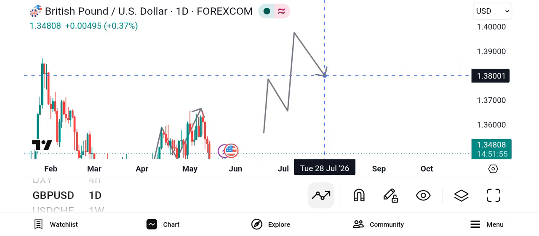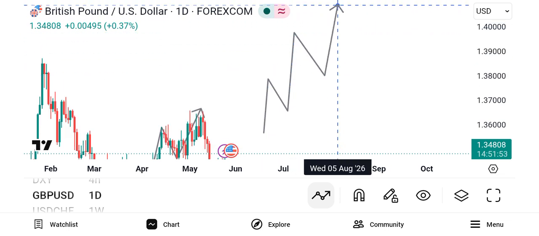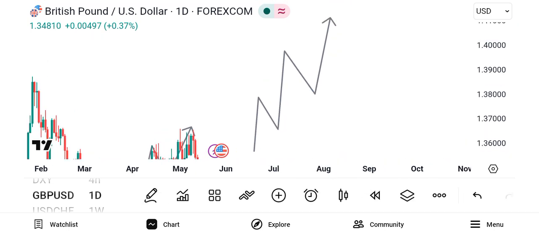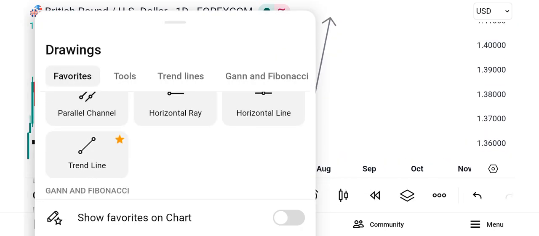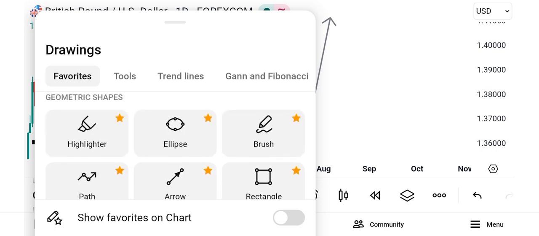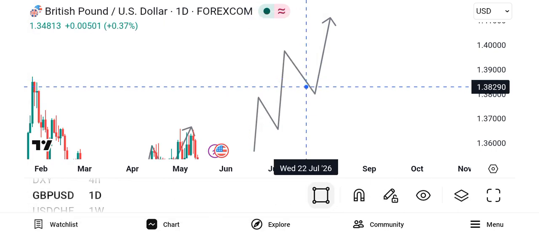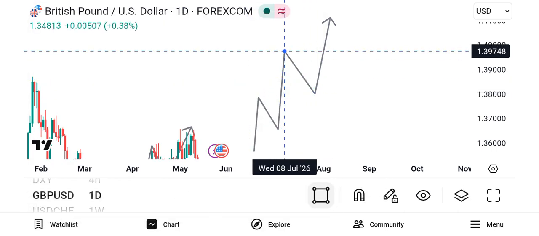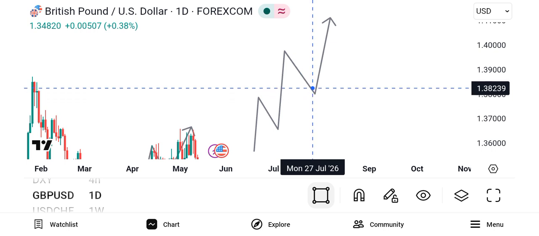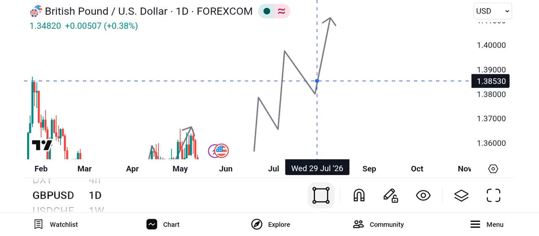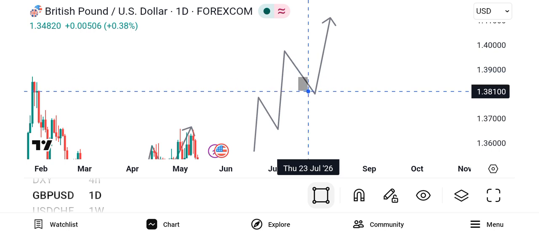So the principle states that this particular zone must not be taken out at any given point in time, because this zone is the one that led to the break of this particular structure. So what you want to do is put your buy here, because this will be a demand zone.